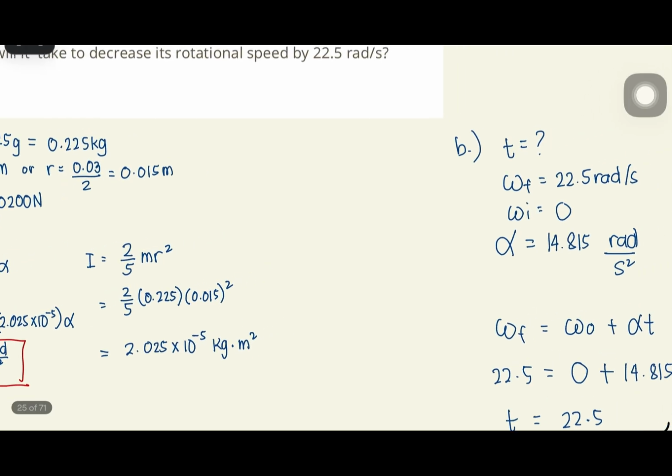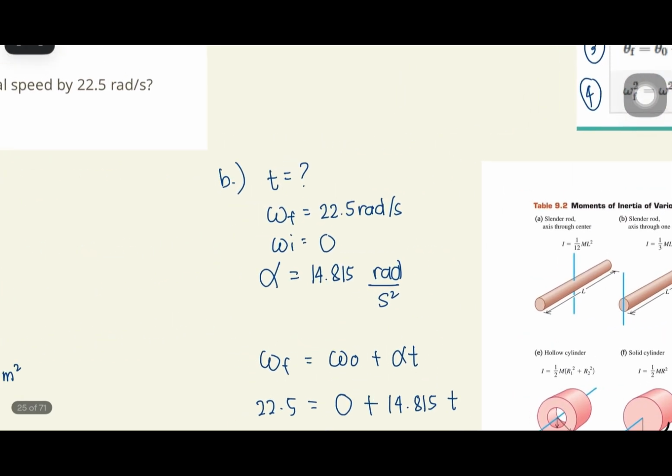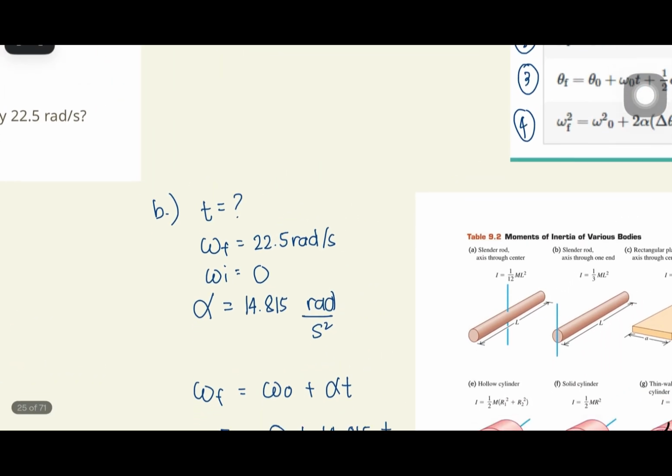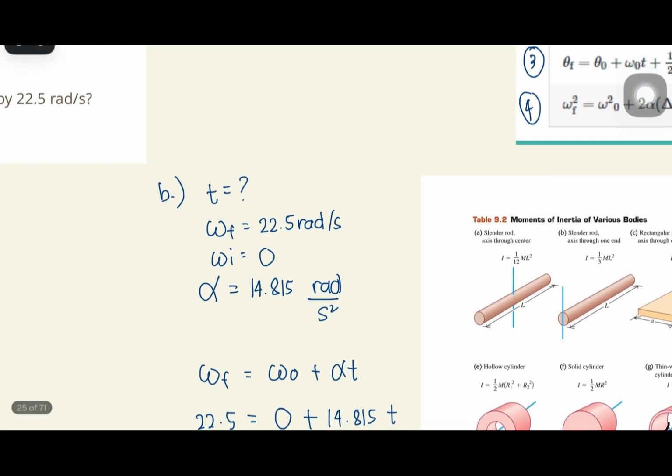Next, for part B, makukuha natin yung time para ma-reduce yung speed niya by 22.5 rad per second using the rotational kinematic. Bago yan, dapat ma-identify natin yung 3 known variables. Meron tayo ditong given na angular speed, which is, yan po yung omega final natin, 22.5 rad per second.